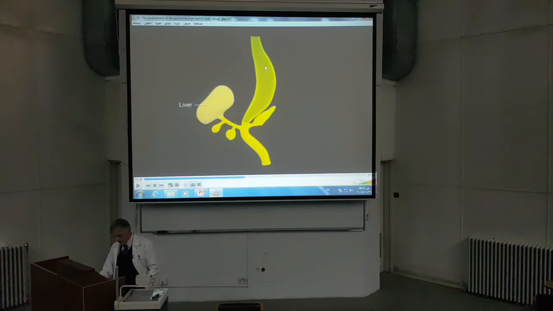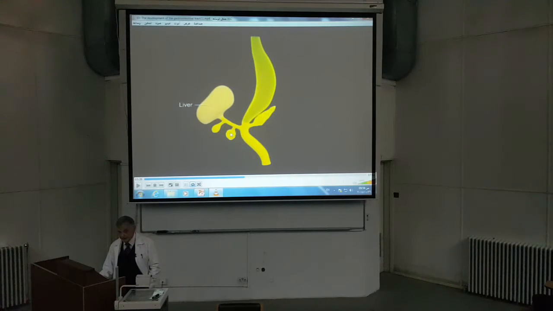That's the tube dilated to form the stomach, and from the endothelium of the tube, a bud comes this way. Ventrally, it is called the liver bud. The liver bud is going to grow into the septum transversum to give us liver cells, and it is going to give us a branch that will form the cystic duct and the gallbladder, and this is the other part of the pancreas.